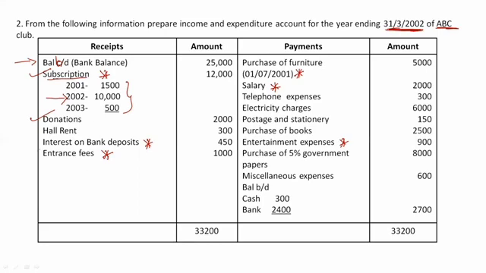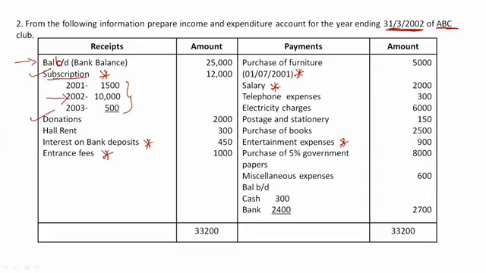Then hall rent, rupees 300. An NPO or a sports club usually has a hall, right? It could be used for various purposes. Many people will do conferences in those halls. They can be used as function halls, marriage halls, banquet halls.